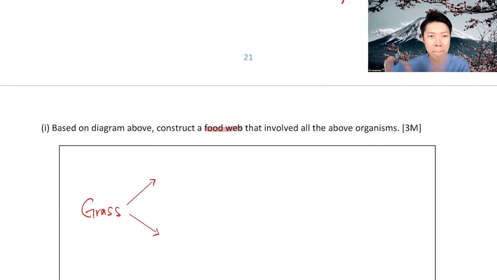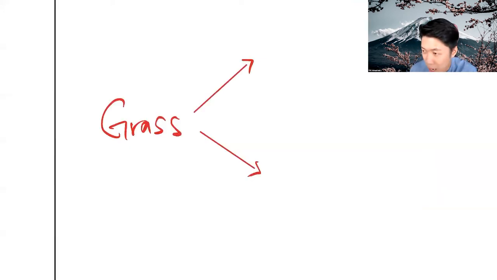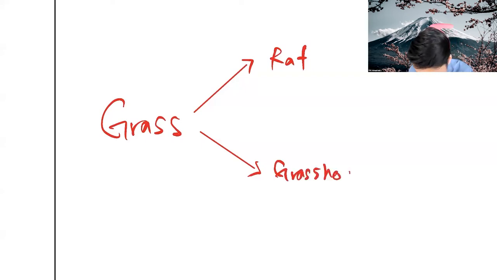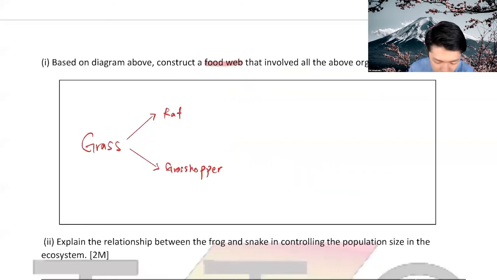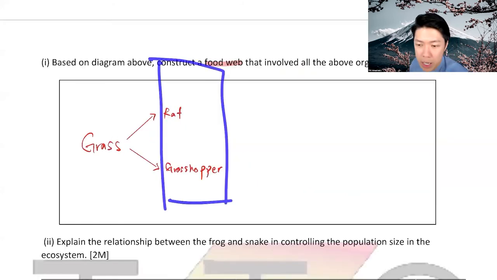Wow. Okay, more like grasshopper eats rat. Okay, cool. So now we have 2 primary consumers. So let's write that down. We have rat and we have grasshopper. Bam! We're done with the primary, ladies and gentlemen.